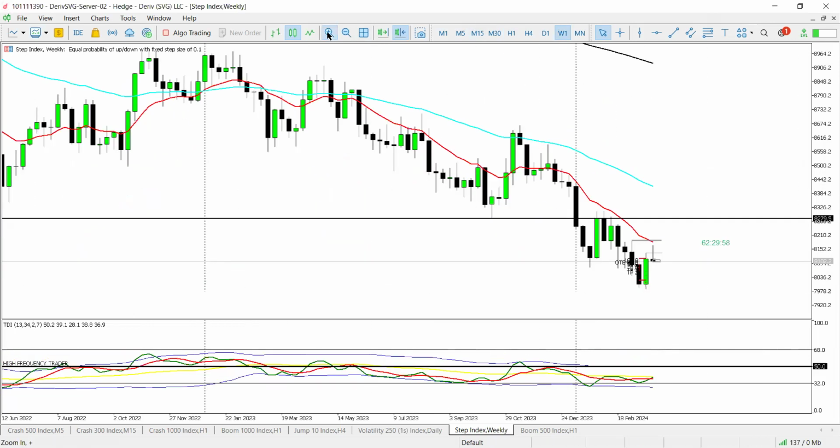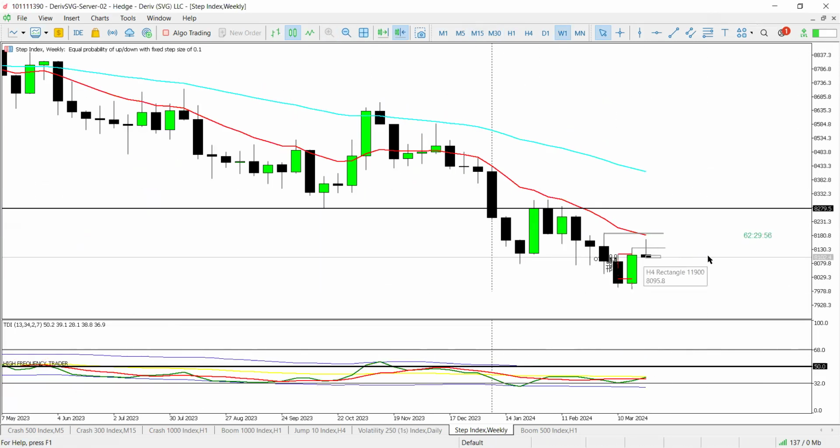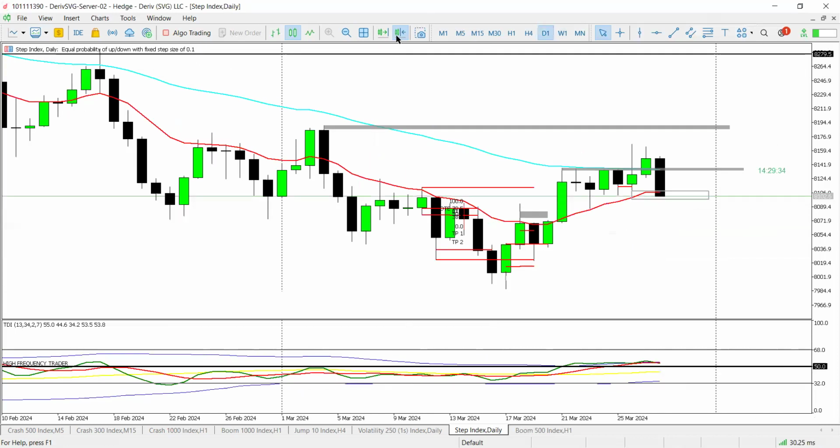So going back to the weekly, it could play two ways. Either price is already rejecting the 13 EMA and they want to still continue pushing down, or price is just doing a stop hunt and they'll still push and make contact with the 13 EMA. So it could go either way.